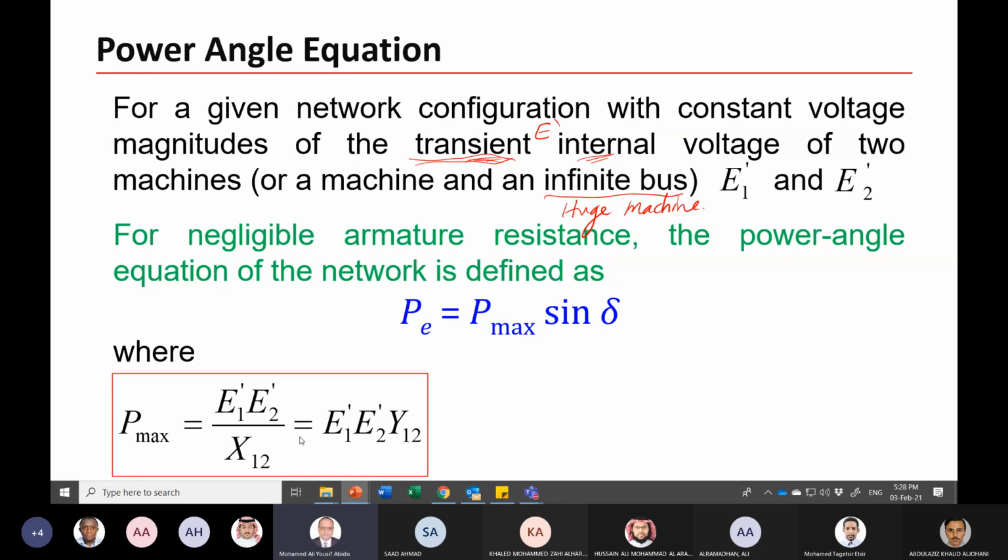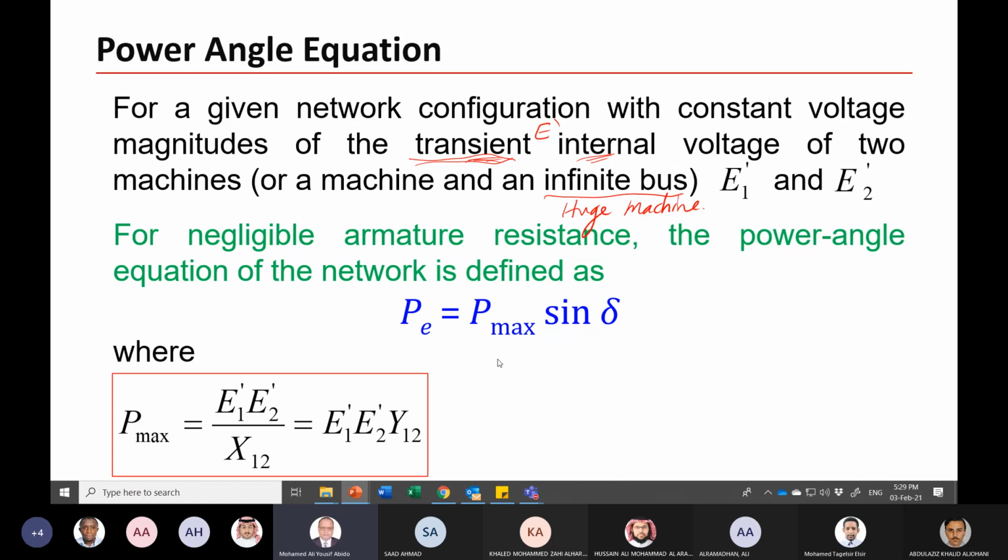So for two machines, you have voltages E1 prime and E2 prime, and the transfer reactance is X12. You can write it in terms of transfer admittance instead: E1 prime times E2 prime times Y12.